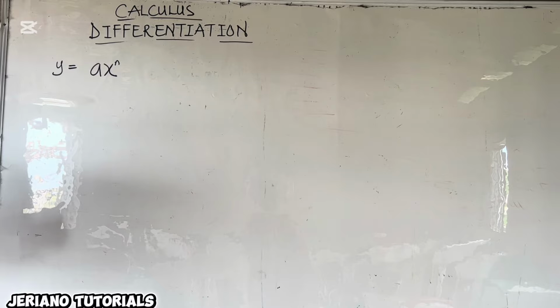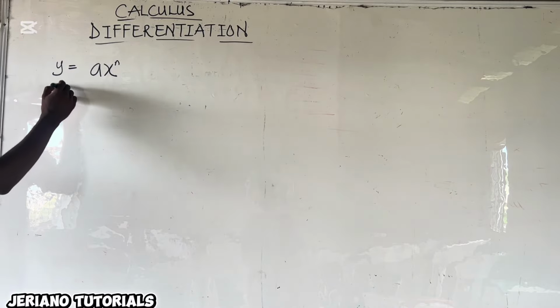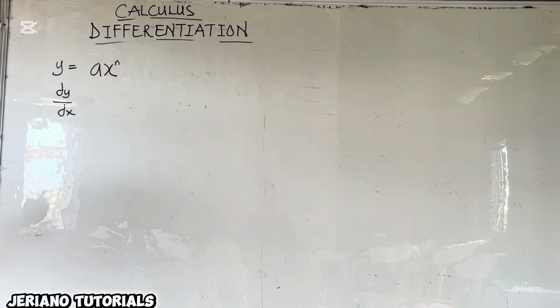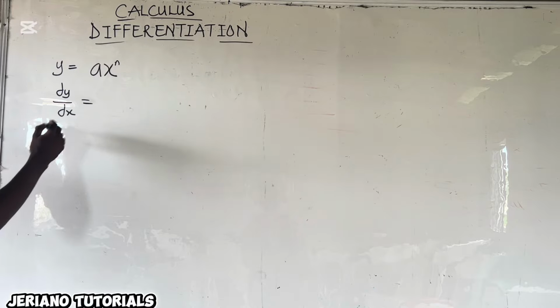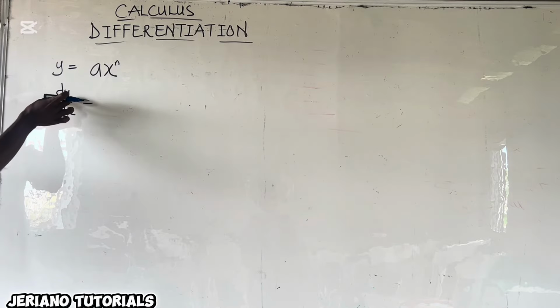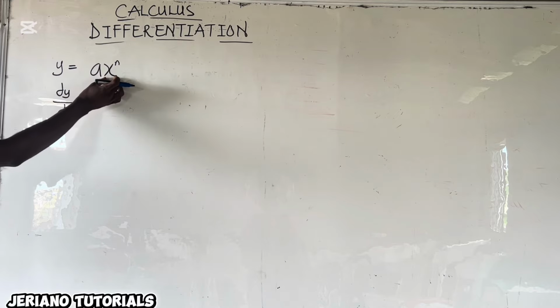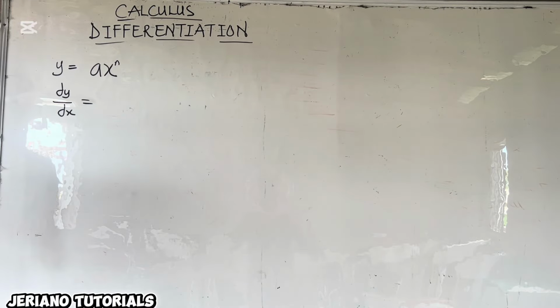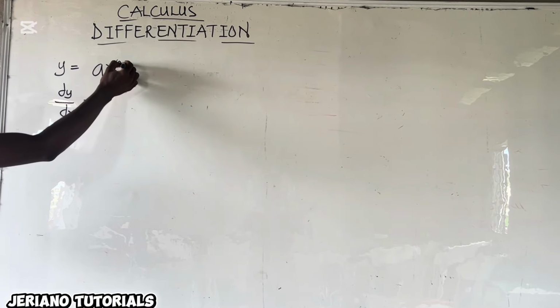Now, what differentiation talks about is the dy/dx, that is the first derivative of your answer, and this is how it goes. The dy/dx of it becomes, that's the difference of y with respect to x, that is why it is called dy/dx, and then this becomes your power, your index.